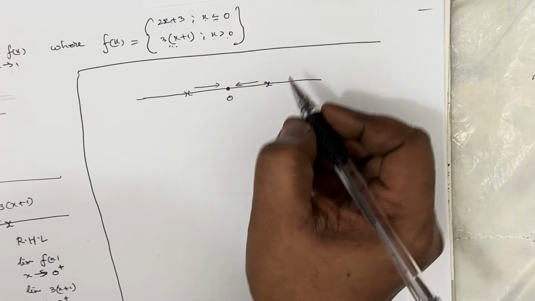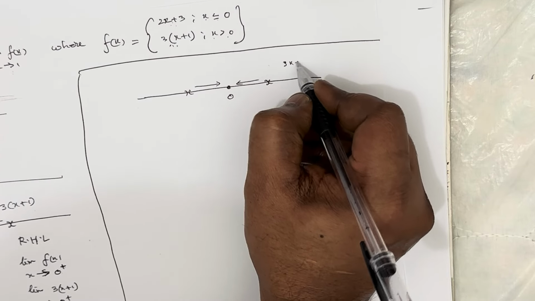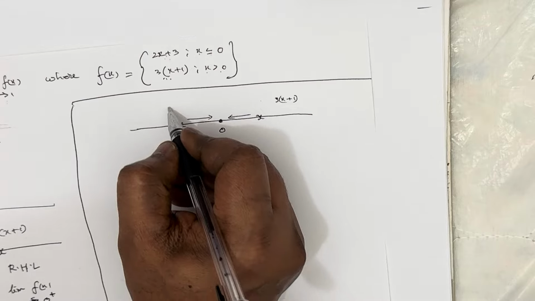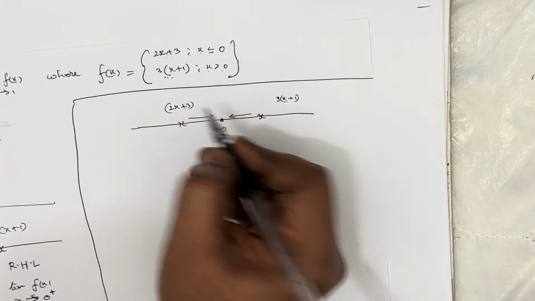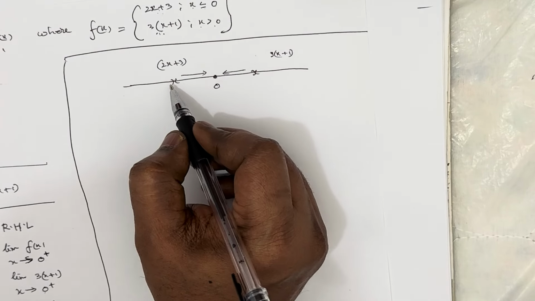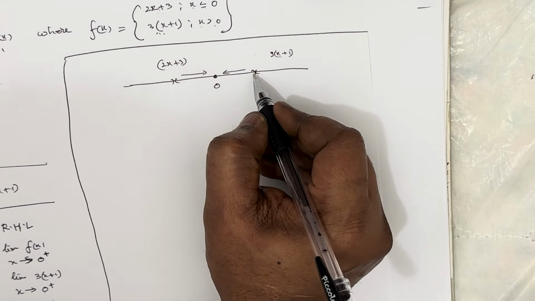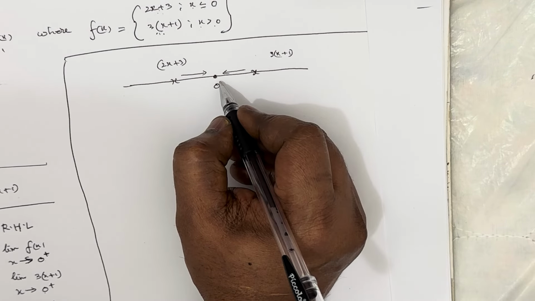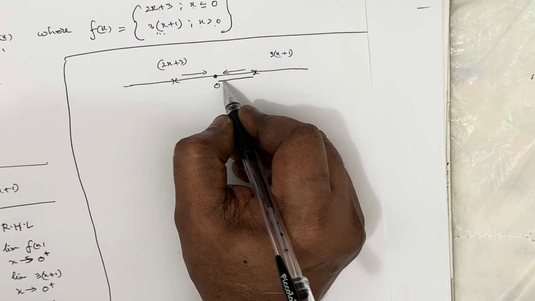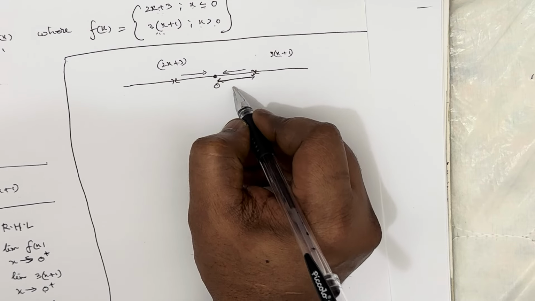Now here the function is, when x is greater than 0, it is 3x plus 1, and when x is equal to or less than 0, it is 2x plus 3. Now as x is approaching 0 from the right side and from the left side, the position of x can be said as follows: the distance from 0 to x can be assumed as h.